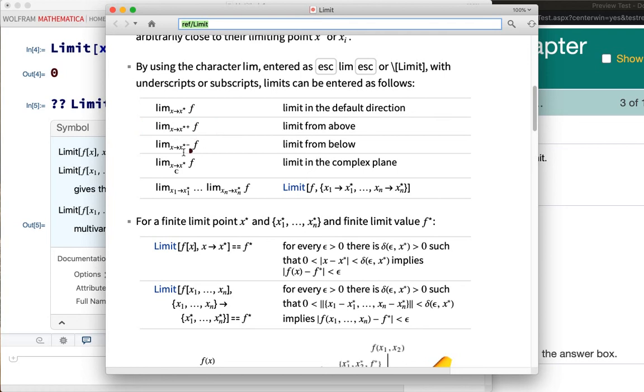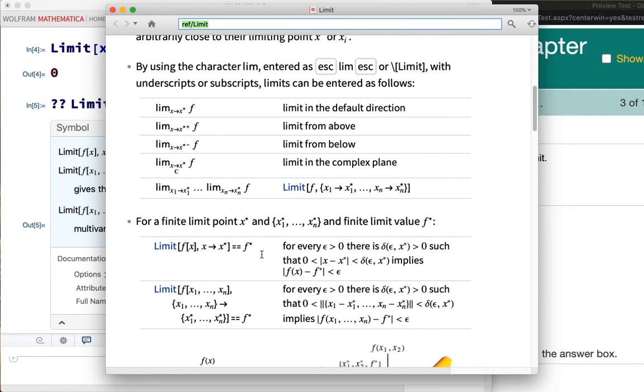And right over here, the limit as x goes to x star minus means the limit from the left side, or limit from below. We're not going to worry about this one. This refers to the limit in the complex plane. We're not doing complex analysis in this course, so it's not something you need to worry about. So, limit from below and limit from above.